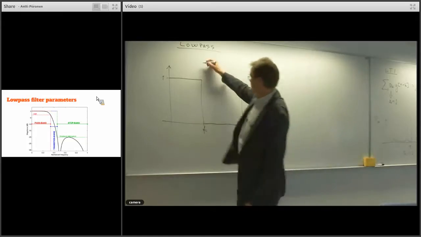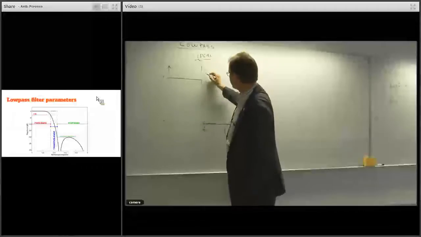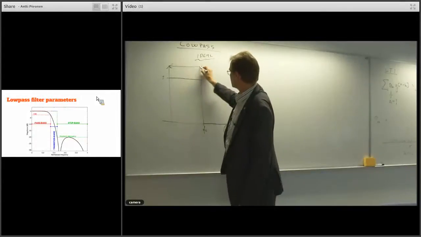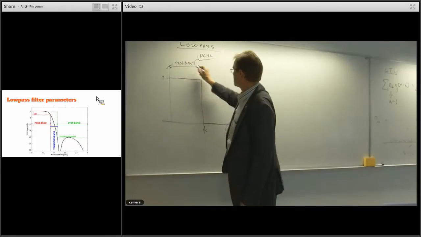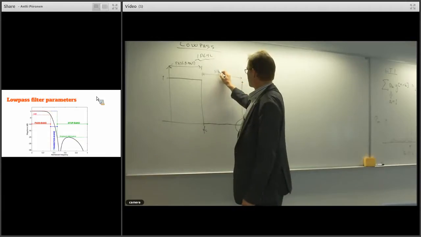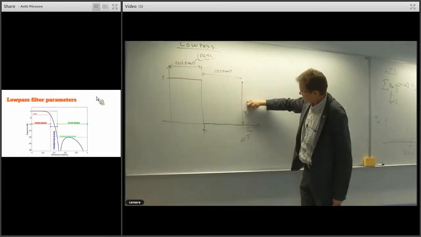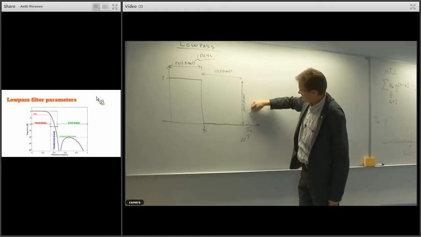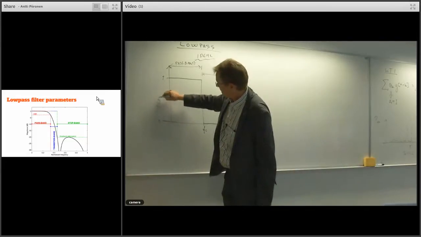Okay, let's define something here. So this is the pass band. And after that, that's the stop band. And here we have the stop band attenuation, and this is actually in linear scale.